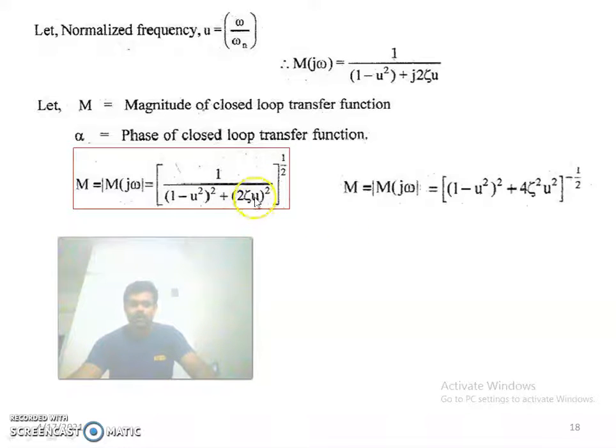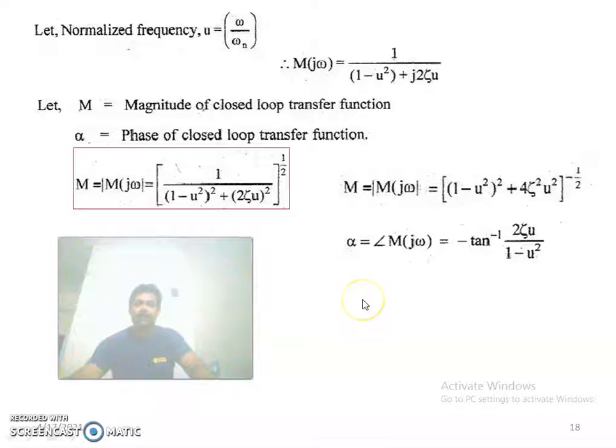Now 1 to the power 1 by 2 is nothing but 1. Here you are having the 1 by 2 power in the denominator. When we bring it to the numerator, we can write it as minus 1 by 2. So we are rewriting this as 1 minus u square the whole square plus 4 zeta square u square to the power minus 1 by 2. This is nothing but the magnitude.